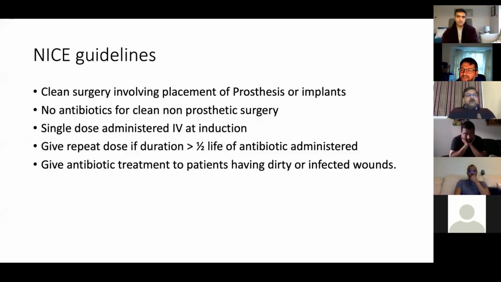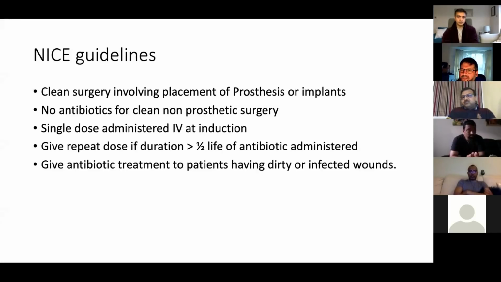One of the important things to see here is the NICE guidelines. The NICE guidelines say that clean surgery involving placement of prosthesis or implants must receive prophylactic antibiotic, no antibiotics for clean non-prosthetic surgeries. Single dose administered intravenously at induction of anesthesia.